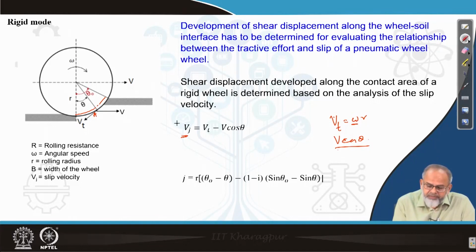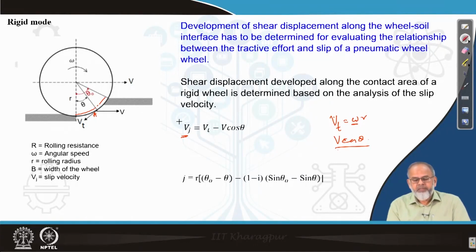So you have to analyze how this slip velocity is varying, and from there we will find out the corresponding shear displacement, and then we try to correlate the shear stress with shear displacement. Now for finding the shear displacement from the slip velocity, we know that shear displacement j will be equal to the integral of Vj dt.